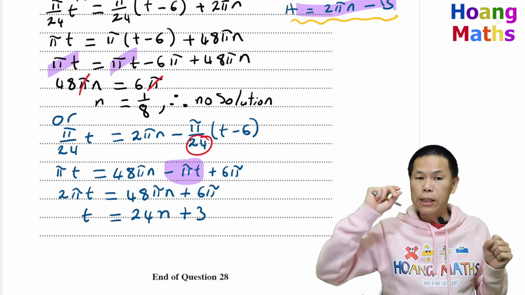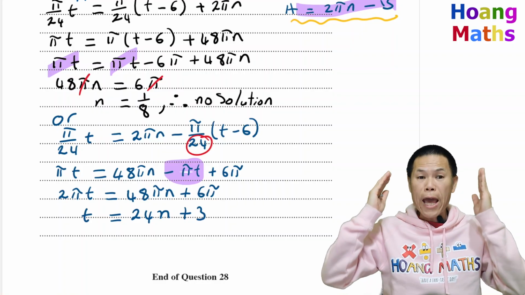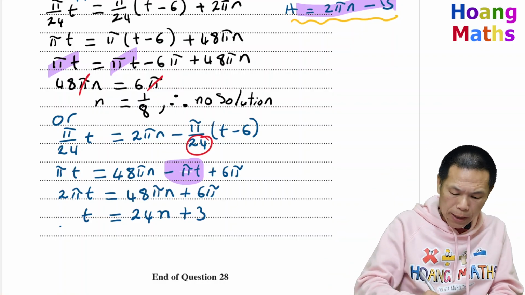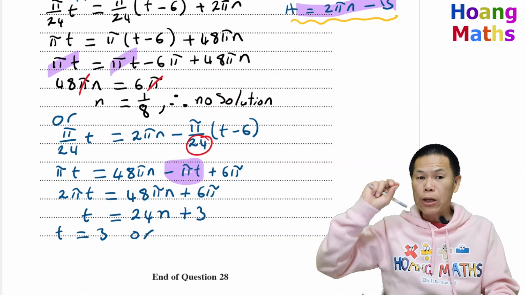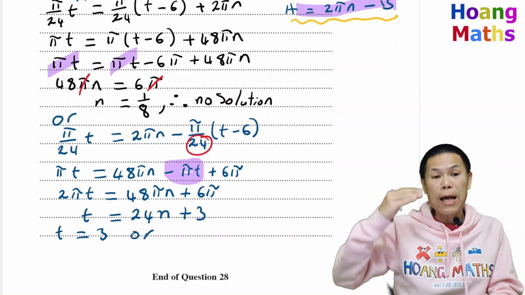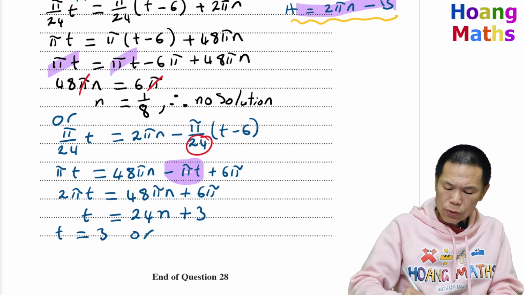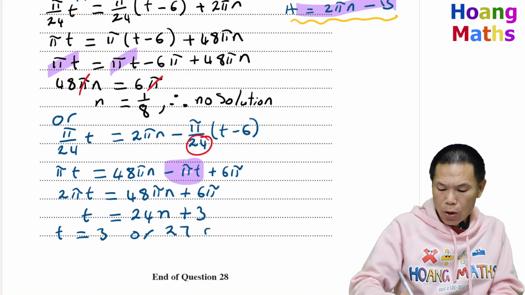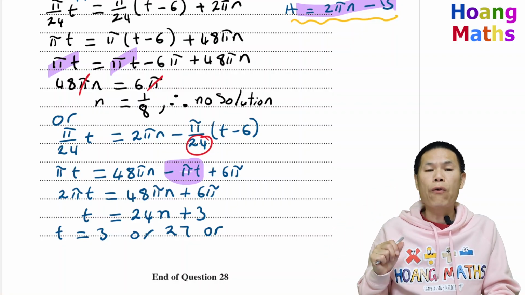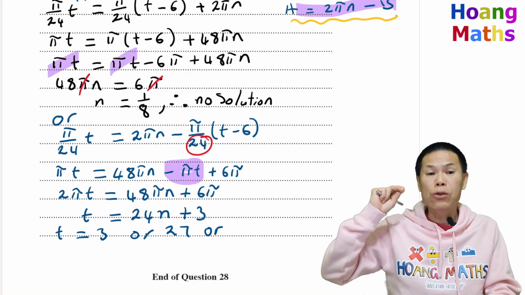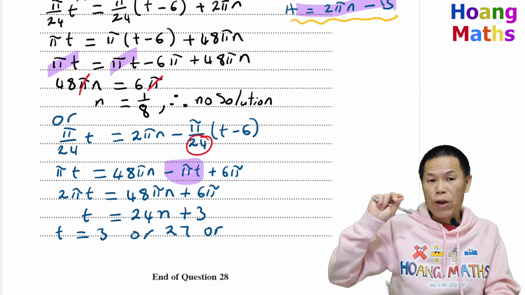But n is 0, 1, 2, 3, 4, and so on. So when n is 0, t is equal to 3. If n equals 1, 24 times 1 is 24, plus 3 is 27. When n is 2, 2 times 24 gives 48 plus 3 gives 51, but that is more than 1 revolution.